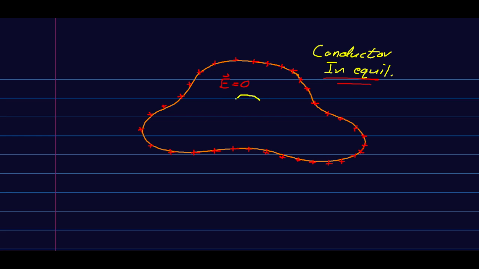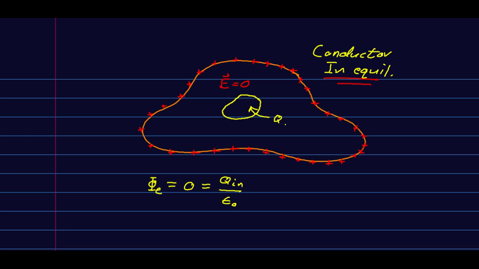But now here's a trick with Gauss's law. We can define any Gaussian surface we want inside the conductor, and we know that the flux is the integral of E dot dA, but the E field is 0 everywhere, so that flux is 0. And that tells us that the charge inside that Gaussian surface is 0.